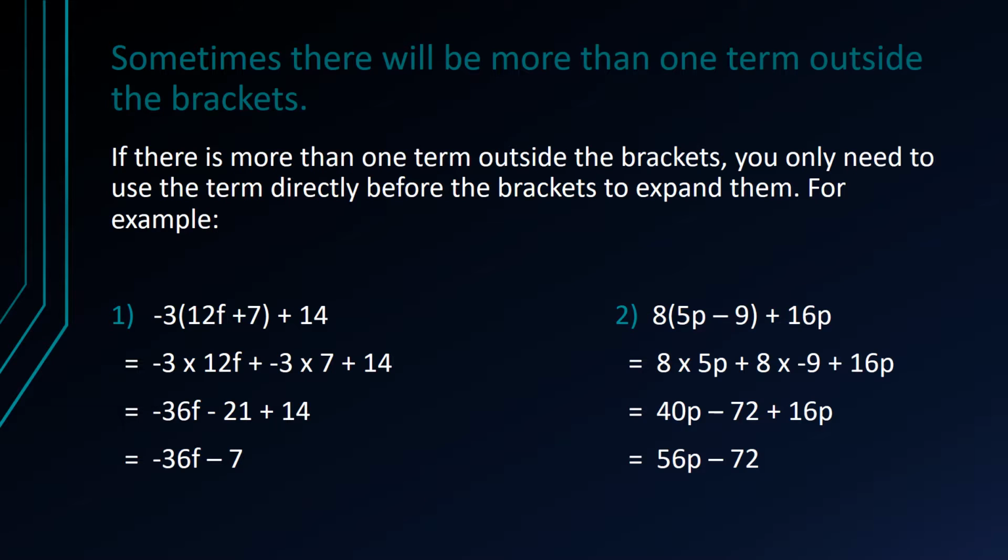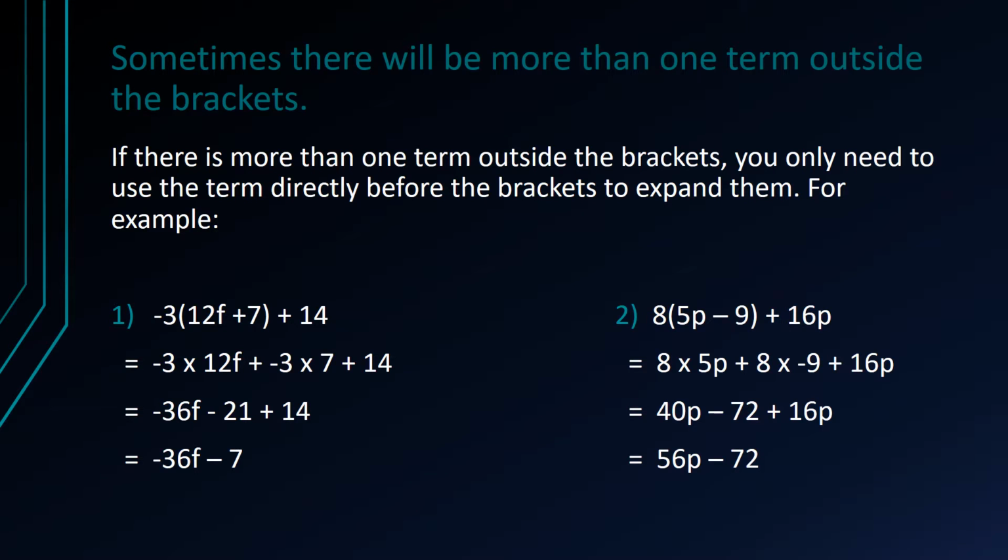So you've got negative 3 times 12f plus negative 3 times 7 and then plus 14 at the end. So that simplifies to negative 36f minus 21 plus 14.